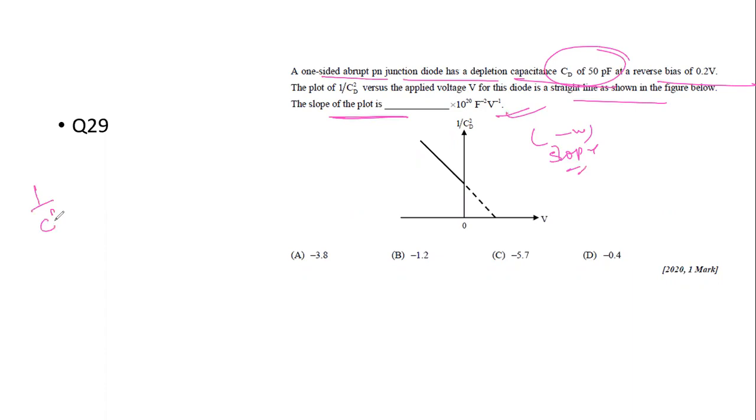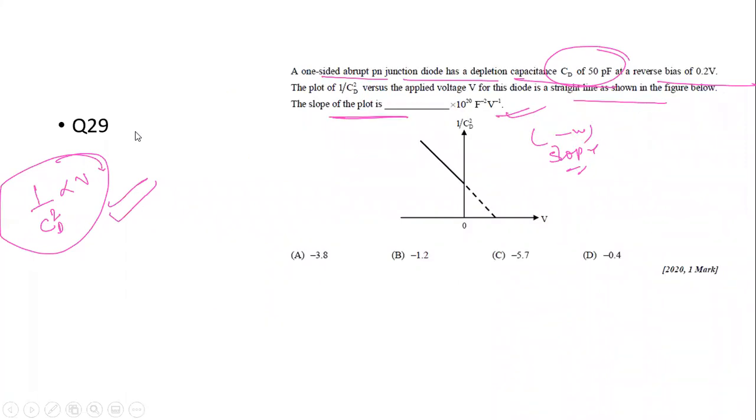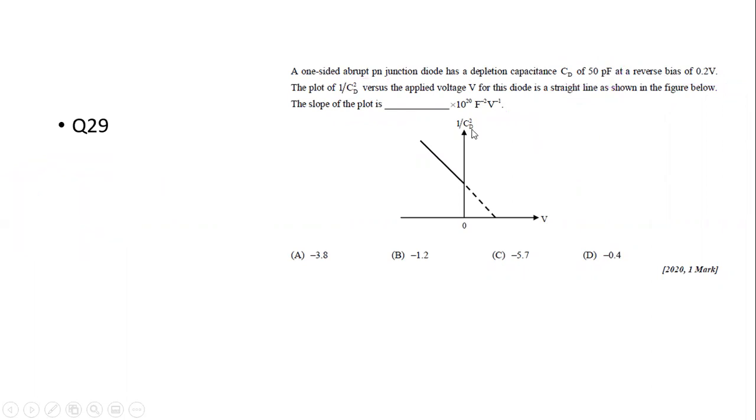So we have to find 1 by CD square versus V. The plot is given and we have to find this one. Okay. So how can you find the slope of this? This is 1 by CD square, this is the potential.